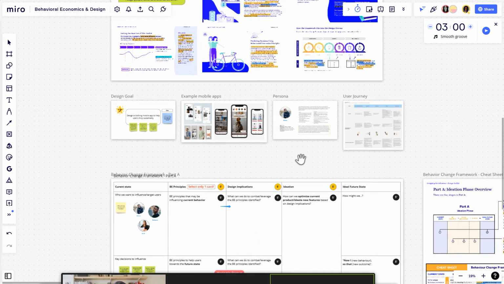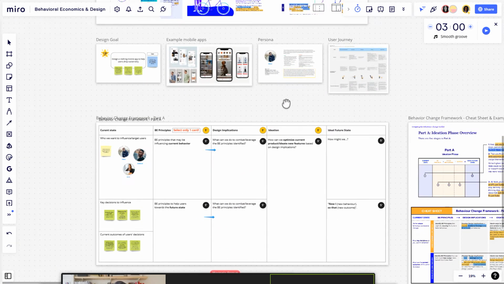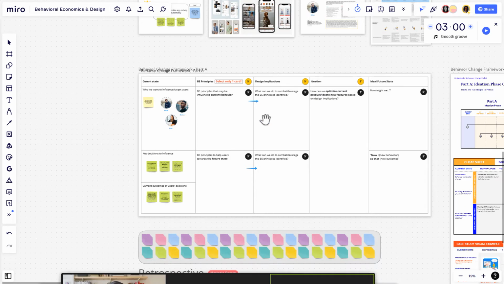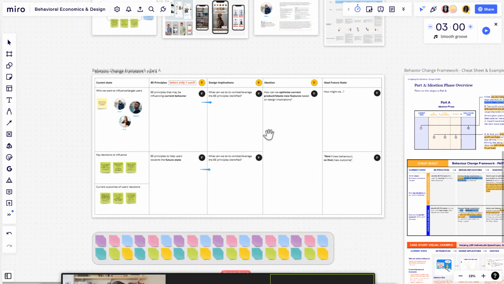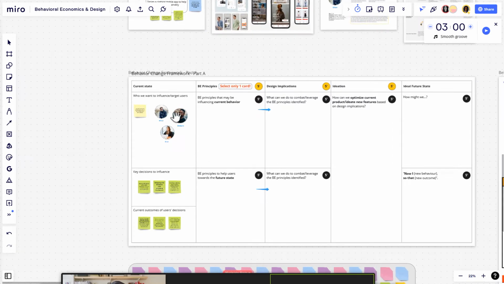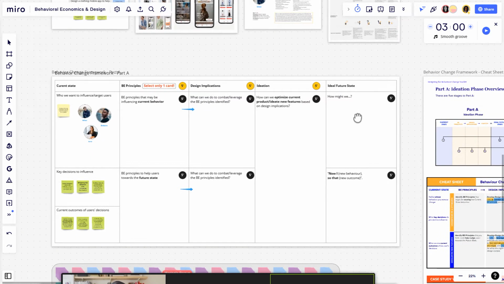Now, what we're going to do now is essentially go through this use case. We want to design a mobile app, we have this in mind, that helps users buy more sustainably. And this toolkit has this canvas. And essentially, it starts with this section that is called current state, which is what I just described to you. Then we have an ideal or future state, where we want to bring our users what behavior we want them to have.